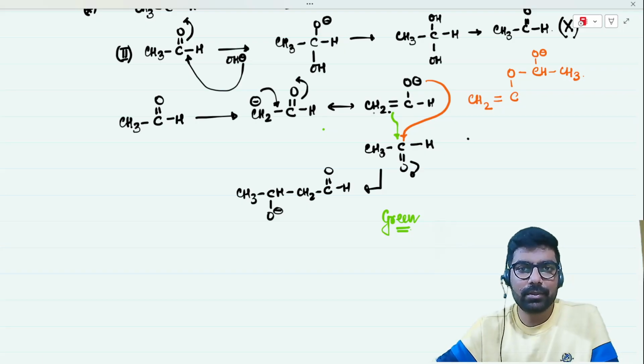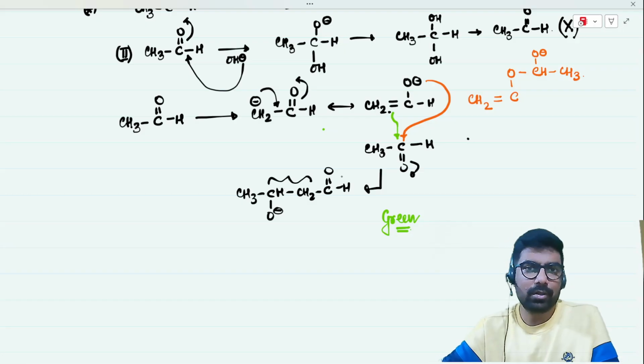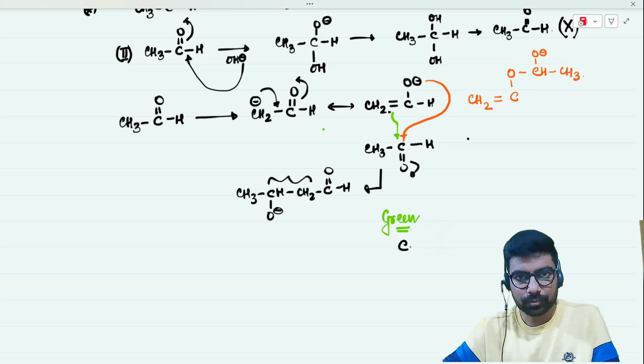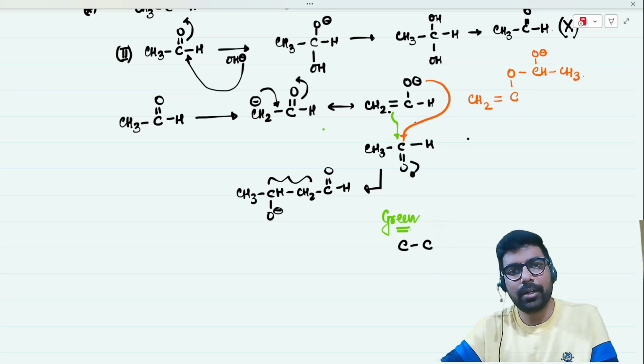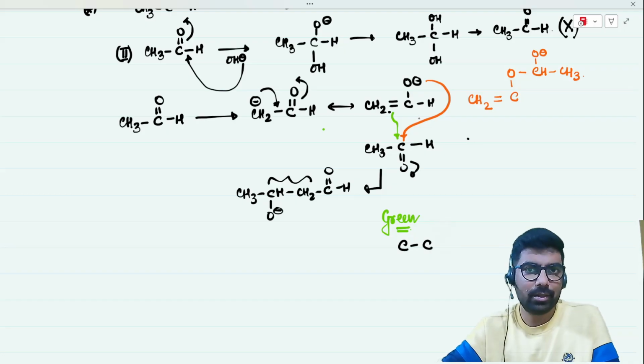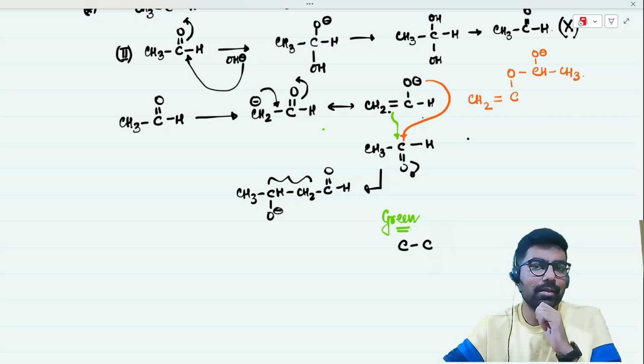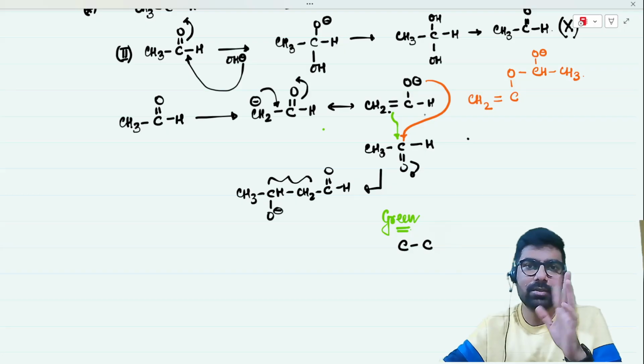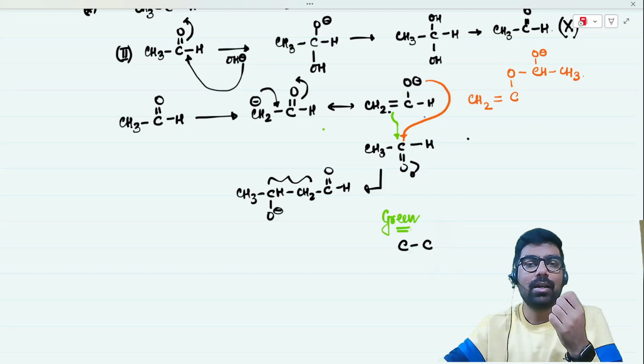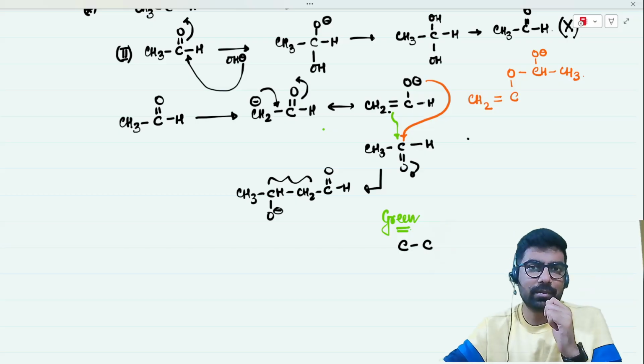When the condensation takes place, a carbon-carbon bond is formed. Okay, this is stable. A carbon-carbon single bond is more stable than a carbon-oxygen single bond. Always remember this. And a carbon-oxygen double bond is more stable.